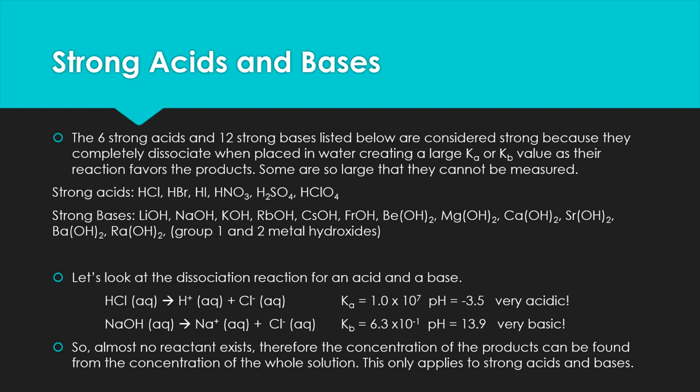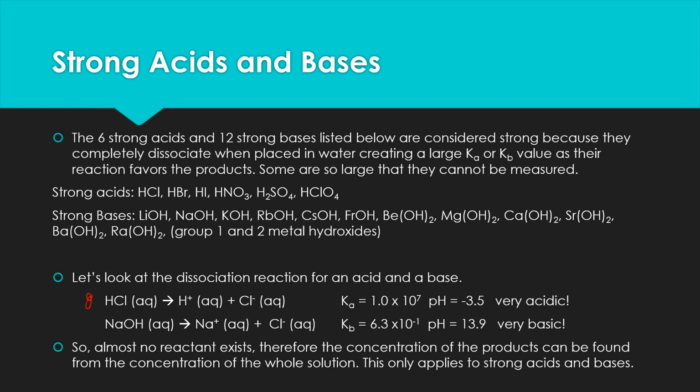So let's take a look at the dissociation reactions for one acid and one of the bases. These are the commonly used ones, hydrochloric acid and sodium hydroxide. If we look at our first acid here, hydrochloric acid, when it's aqueous, it breaks down into hydrogen and chloride. Now, if we look at the Ka value, it is 1 times 10 to the 7th power.